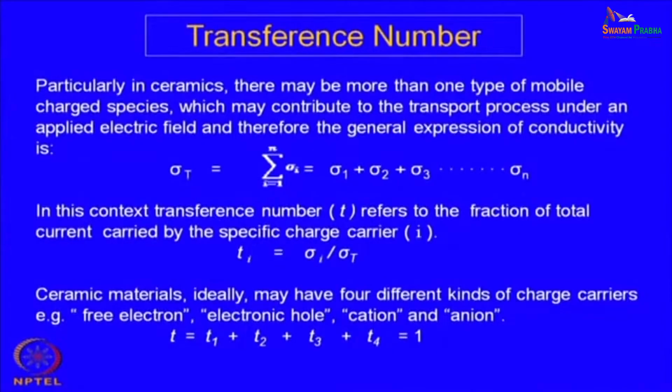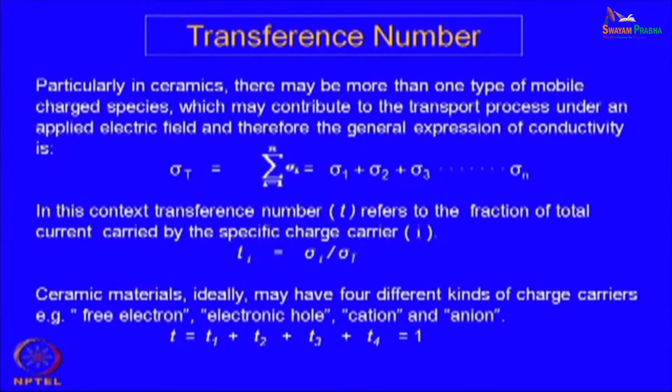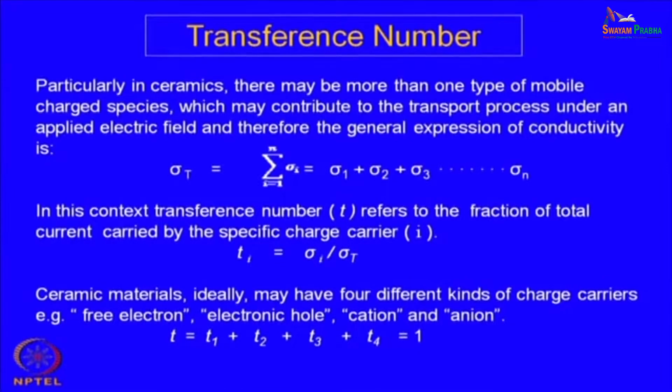We also like to introduce another very important parameter which is very relevant for ceramics or ionic solids. Particularly in ceramics, there may be more than one type of mobile charge species which may contribute to the transport process.